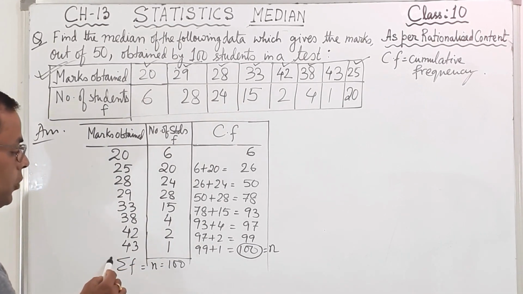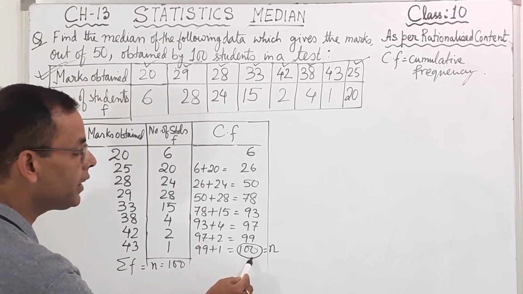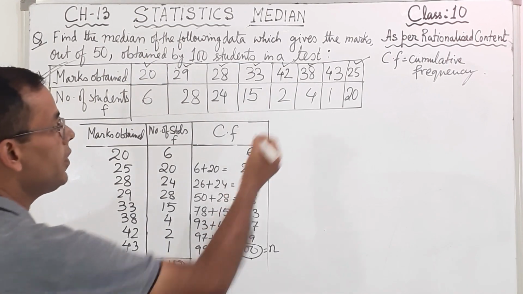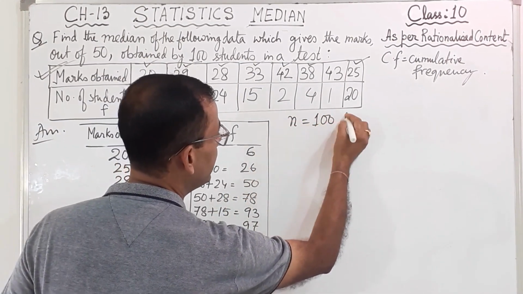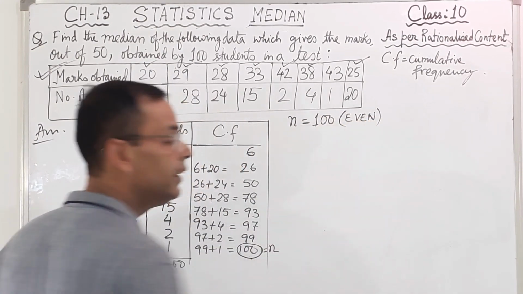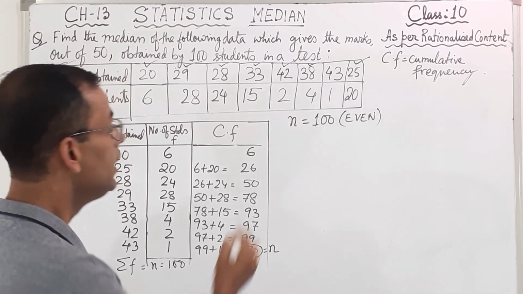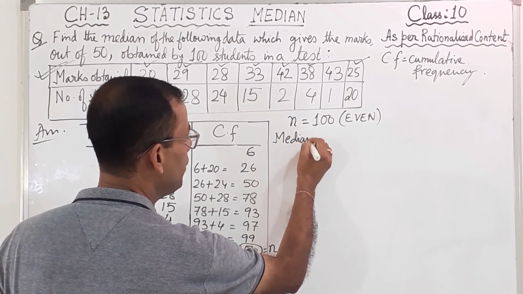Here we don't need this part, but still I wrote it. So this is N, 100. So what I will write here? N is equal to 100. Clear? And 100 is what? Even. So if 100 is even, then we will use the even formula for finding the median.